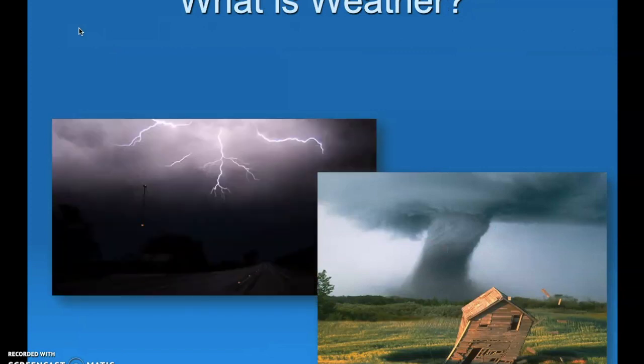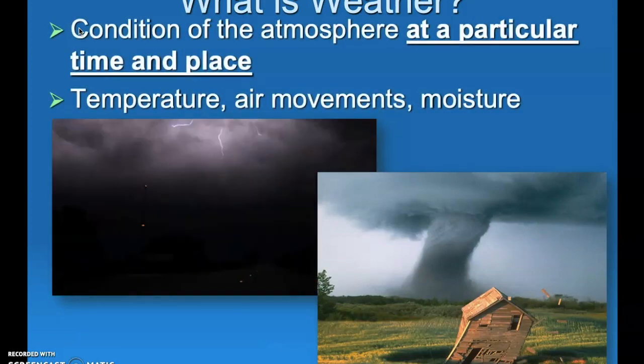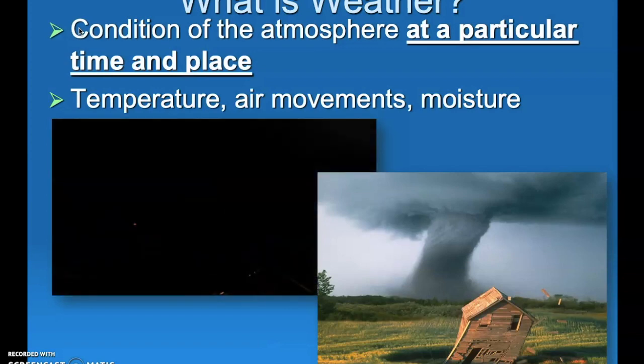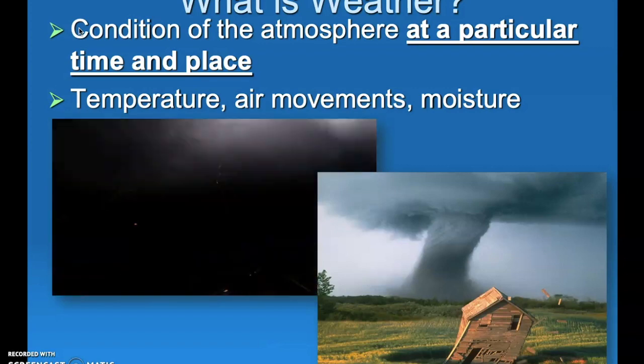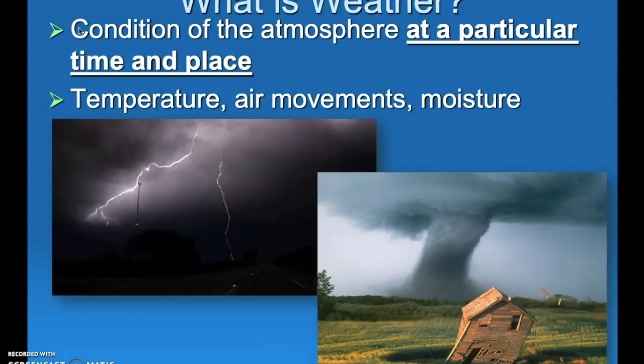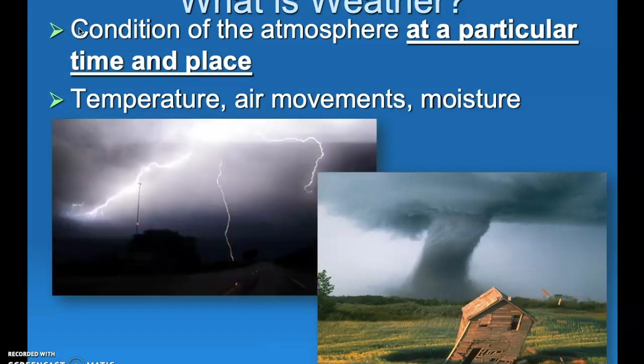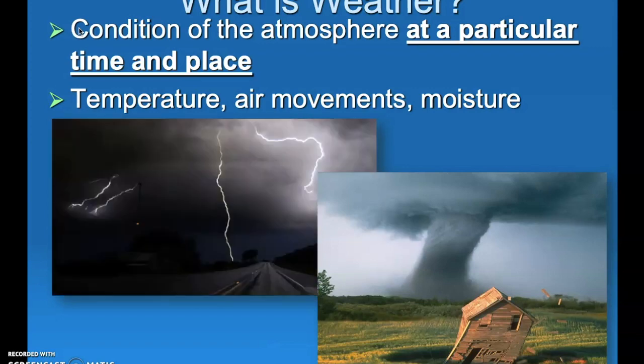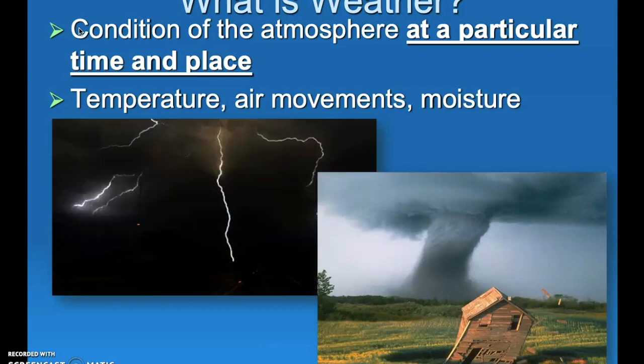So, what exactly is weather then? Well, weather is the condition of the atmosphere at a particular time and place. So, a meteorologist is a person who studies the atmosphere and its changes. And what a meteorologist then does is they use what they know about those changes, and they can predict the weather. And so, weather is things like temperature and air movements and moisture.